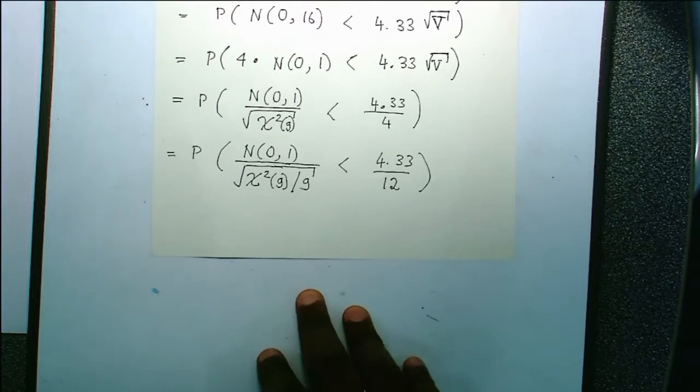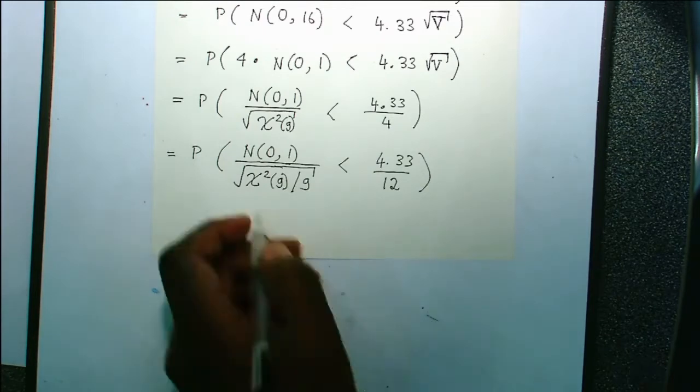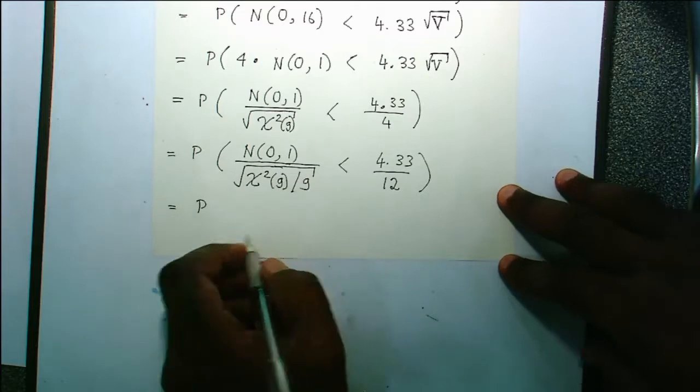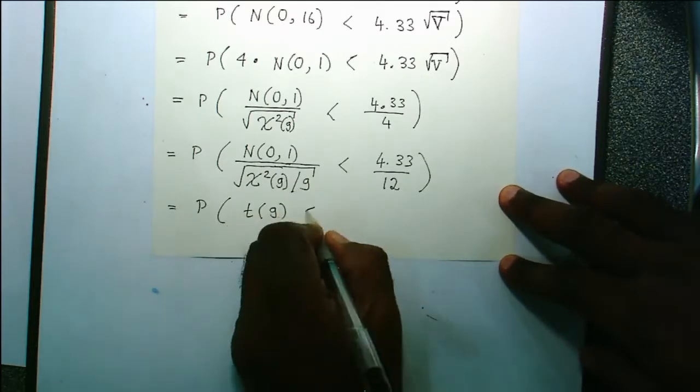Yeah. And according to the property that I just gave you a minute ago, let me show you where it is. Where's the property that I just mentioned? According to the property that I just mentioned, this guy here has a t distribution with 9 degrees of freedom.